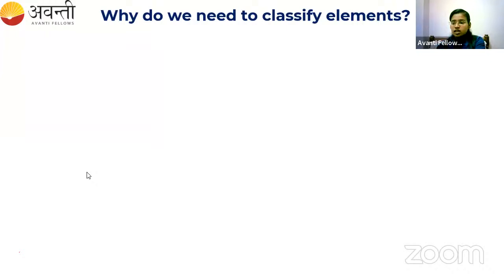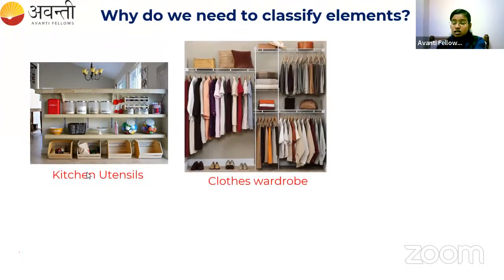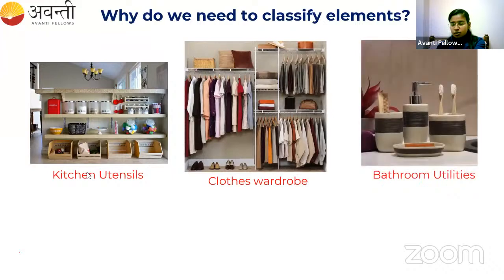So I have kitchen utensils and a clothes wardrobe like this and bathroom utilities. In all these three cases, we are keeping the corresponding materials in a corresponding place, right?